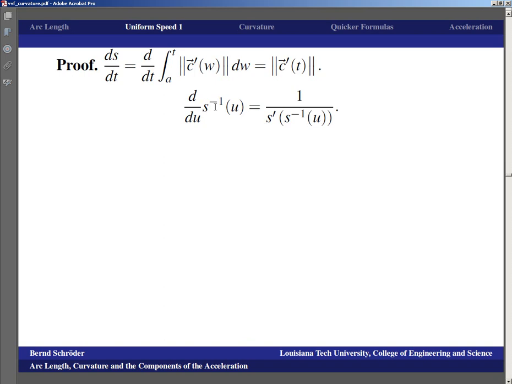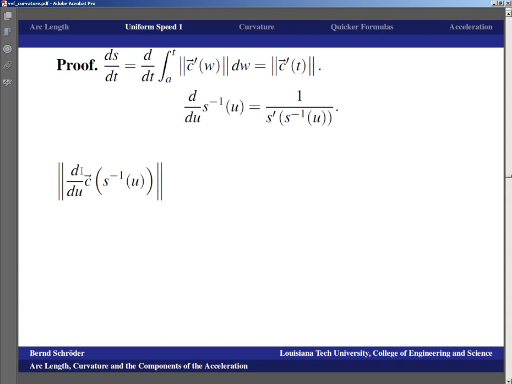The derivative of the inverse function, that formula we haven't looked at in ages, so look it back up. I can tell you here it is 1 over s prime, so 1 over the derivative of the original function evaluated at the inverse function of u.